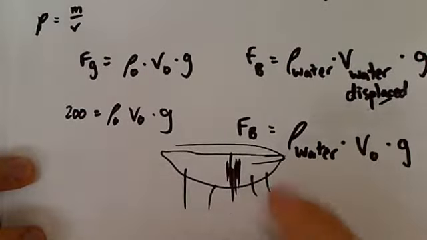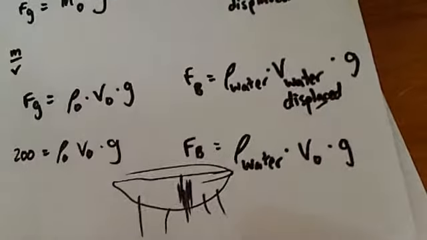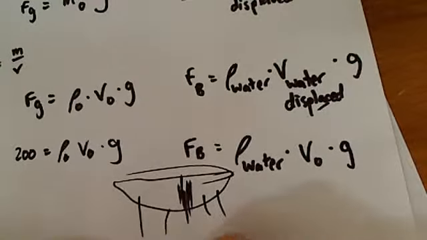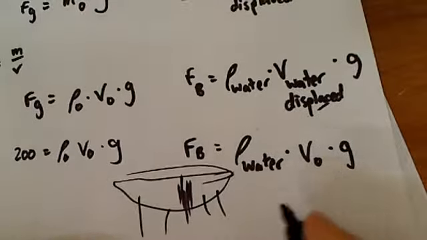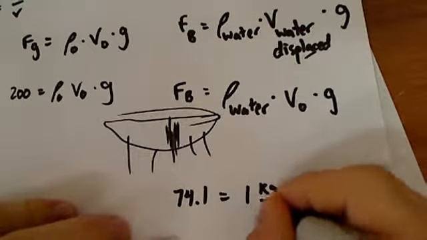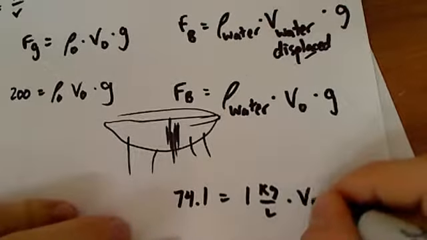The buoyant force, 200 minus 125.9, it's going to be 74.1, is equal to the density of water, which is 1 kilogram per liter. The volume of water, we don't know.